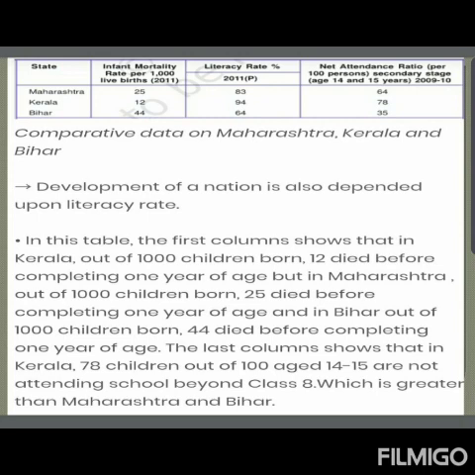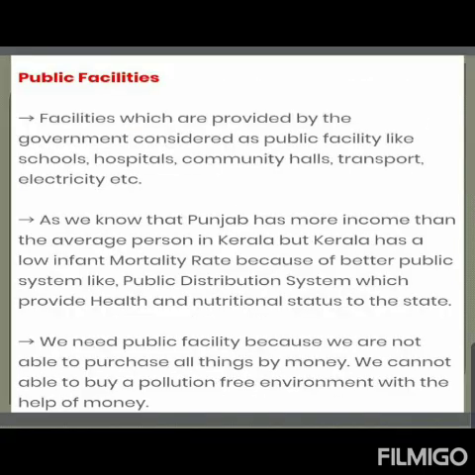This gives us the idea that in terms of IMR, Bihar is at the highest position, but talking about the literacy rate or net attendance ratio, Kerala is at the top. So we can conclude that we cannot judge a country or a state only on the basis of the income.